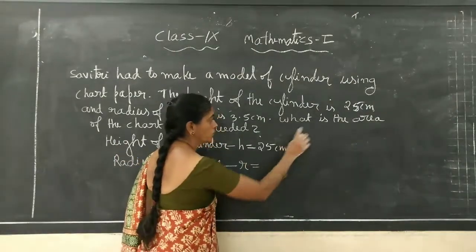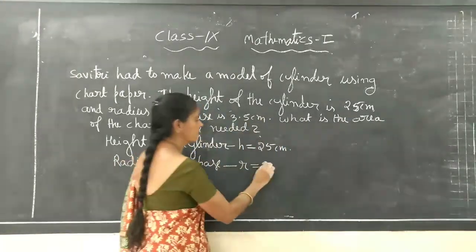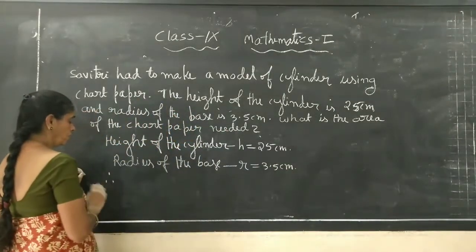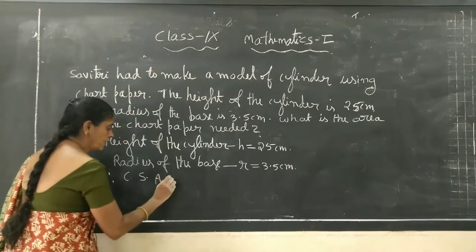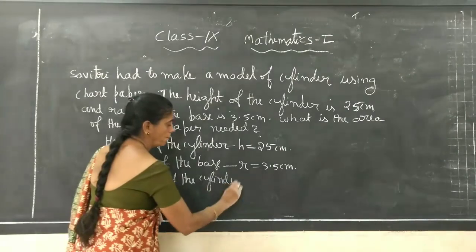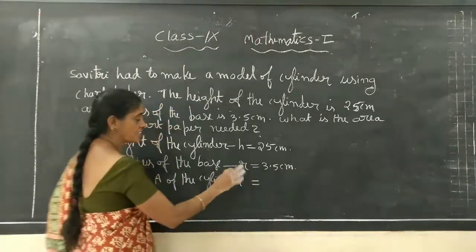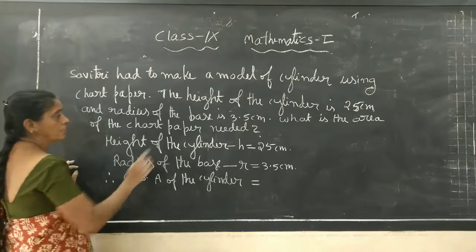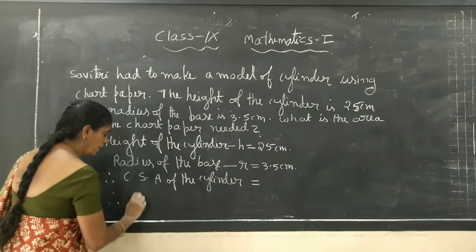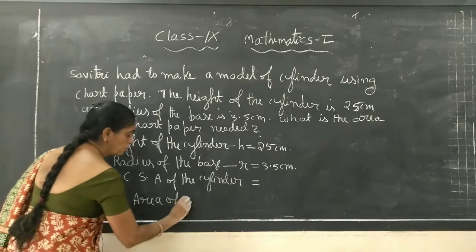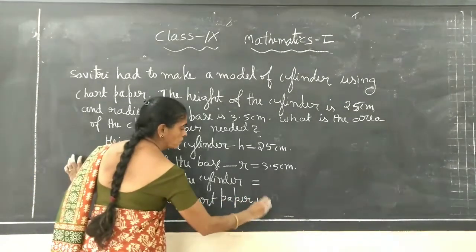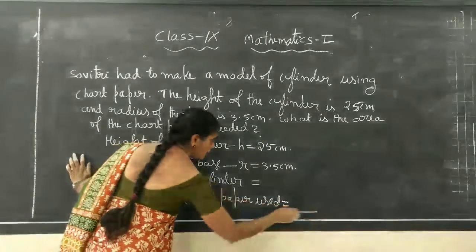Therefore, the curved surface area of the cylinder, which we'll find out, is the same answer we need for the area of chart paper used.